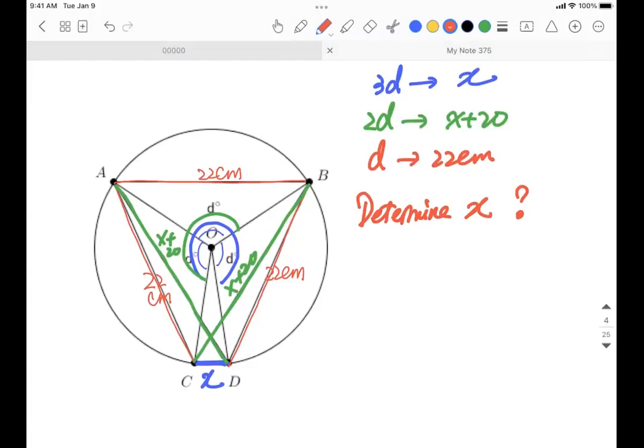Who can tell me? Because I only have one variable, right? To solve this one variable, I just need one equation. How can I use just one equation to solve for this one variable? Who can tell me?